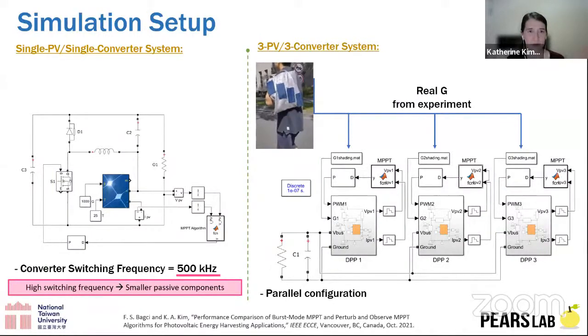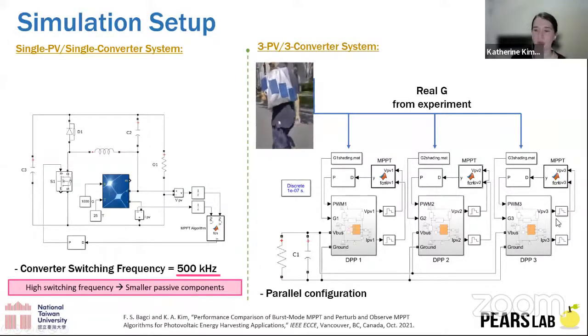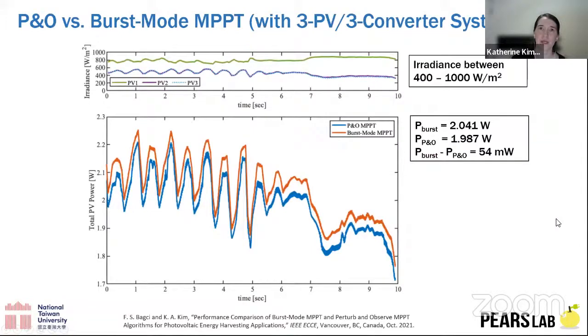And then we use the real data we captured from the sunlight in the experiment I showed earlier as the shading case on the input, and put it into the individual converters with our algorithm. We were able to plot that, and we see that compared to the perturb and observe one, the standard we're comparing to, the burst mode was able to get just a little bit higher.